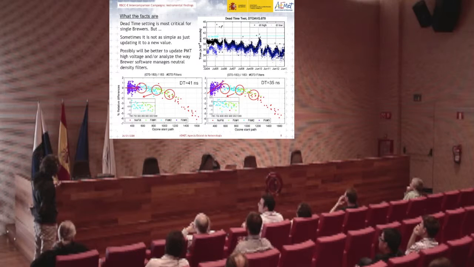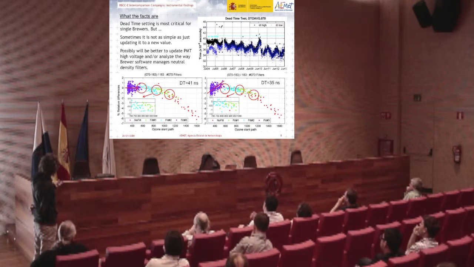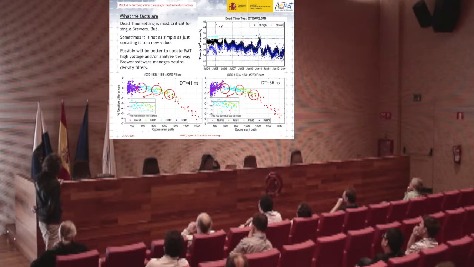And for example, I have made some zoom of this case when the instrument changed from neutral density 1 to neutral density 2. And we see that we have some difference between ozone measurements taken with both filters, which can be as high as around 1%.